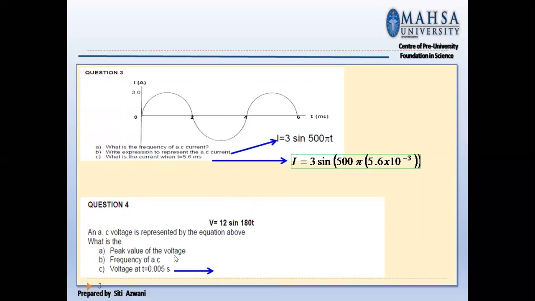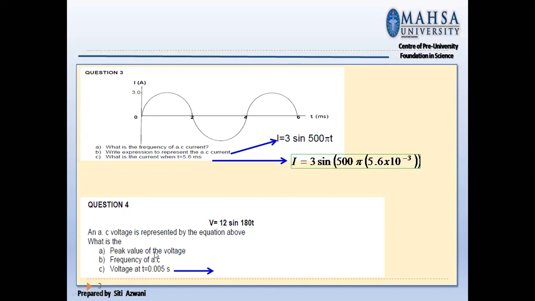In question 4, part C, you want to calculate the voltage. You are given the formula: the alternating voltage as a function of the time, V equal to 12 sine 180t. Compare with the general equation for the alternating voltage as a function of the time, V equal to V naught sine omega t.